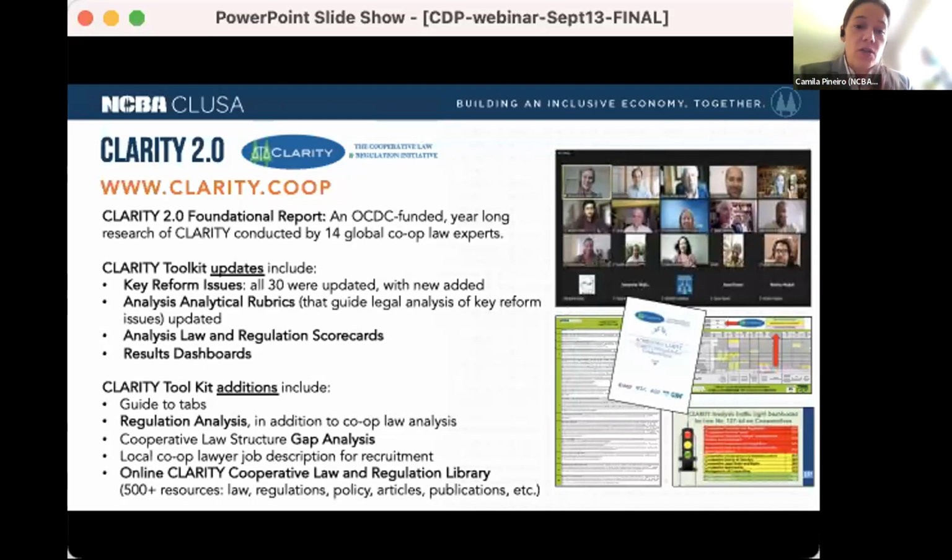There are also additions that you can see there, and we are very eager to share this library of 500 resources, in addition to the regulation analysis, gap analysis, and some practical tools that can be used by people who are working in cooperative law reform.